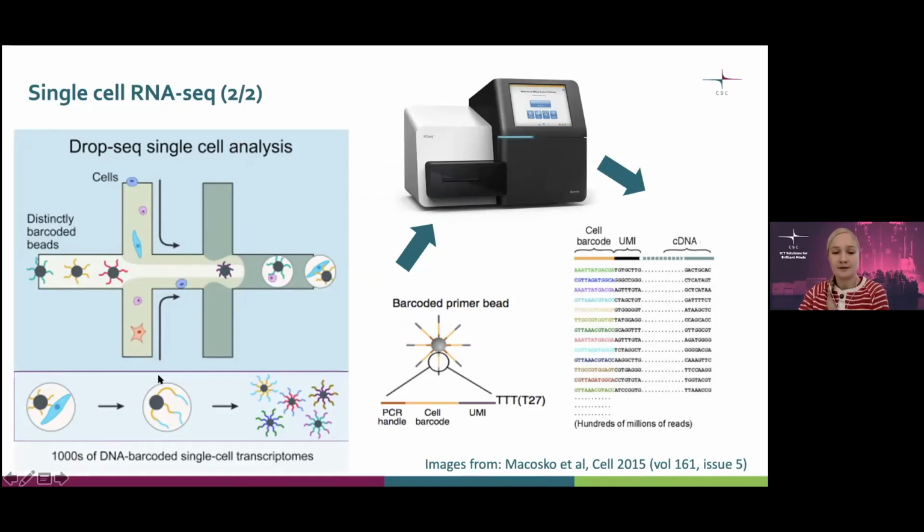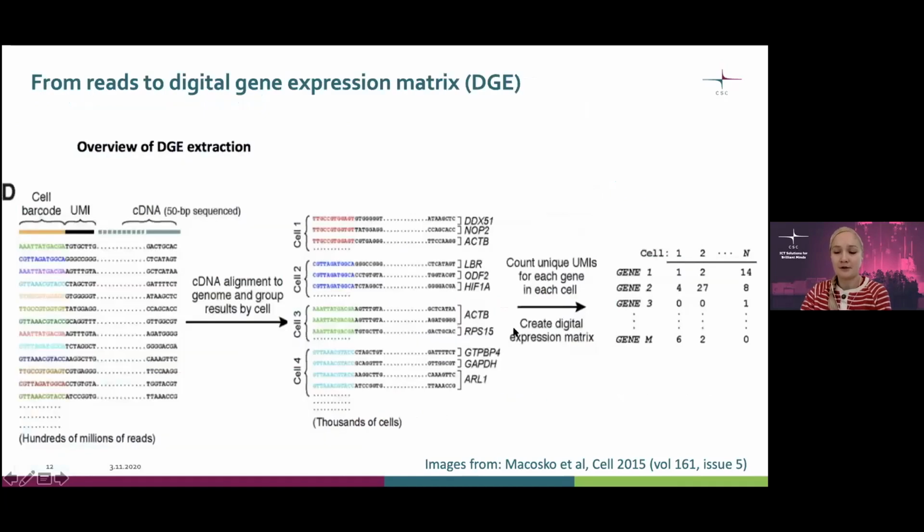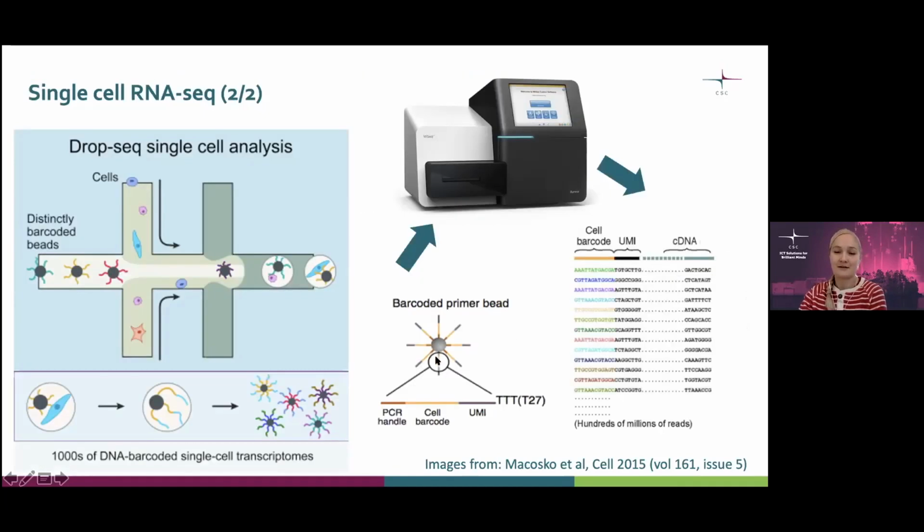These beads consist of these yellow cell markers, which are the same for the whole bead. And for each of these tails here, there will be a unique molecular identifier, or UMI, and then a long poly-T tail, which will attach to these mRNA molecules.